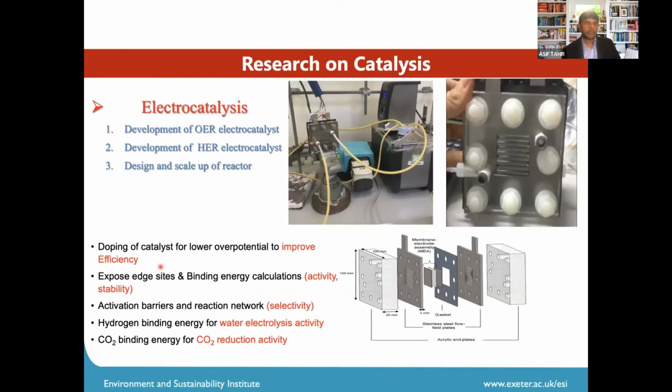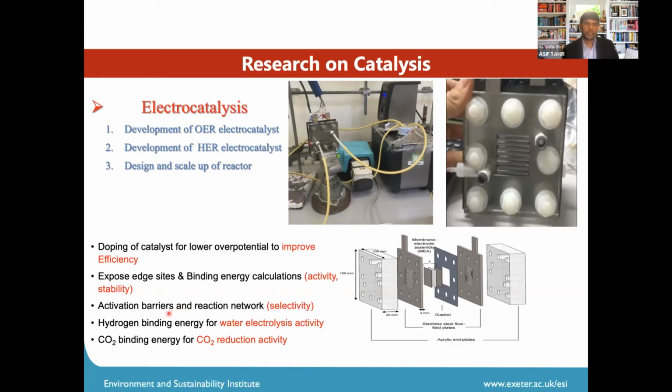So in this direction, our work is more focused on the doping of the catalyst to lower the overpotential, which will ultimately improve the efficiency of those materials, exposing the sites and binding energy calculation, so activity and stability of these materials. So we are looking at how active and stable these materials are.